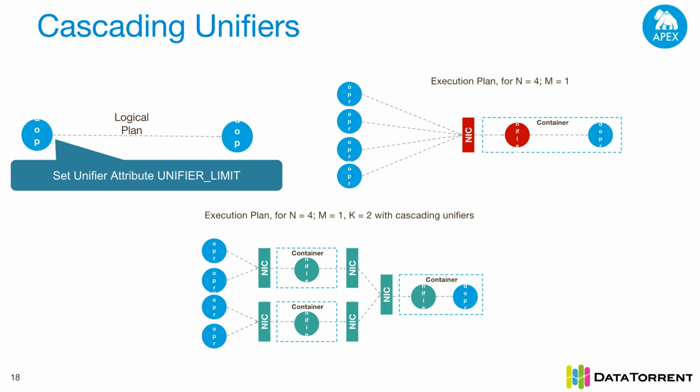Normally the unifiers are deployed with container locality with the downstream operator, which also ensures the load on your network is reduced significantly.